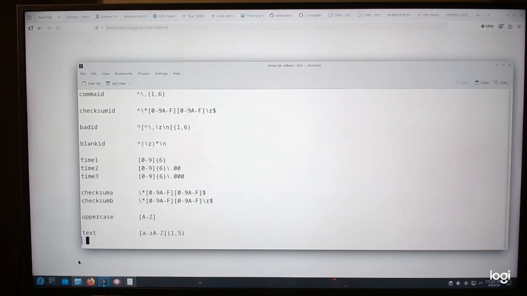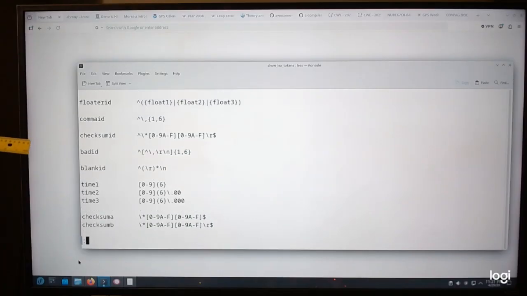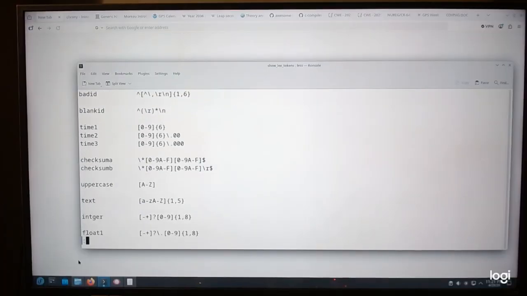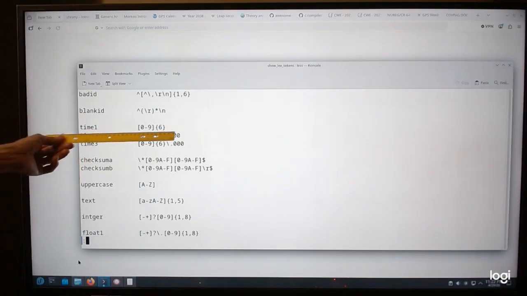Now, with Lex, Lex matches everything it wants, but the longest pattern wins, and the first rule wins.